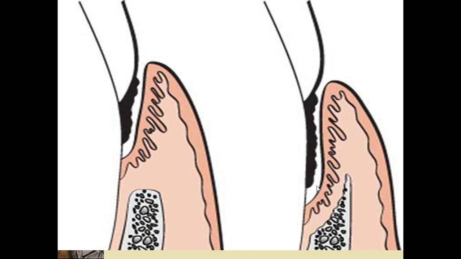And now the next condition: in this condition, the base of the pocket is apical to the alveolar bone. So this is the level of alveolar bone and this is the base of the pocket. So this base of the pocket is apical to the adjacent alveolar bone. So this is infraalveolar.